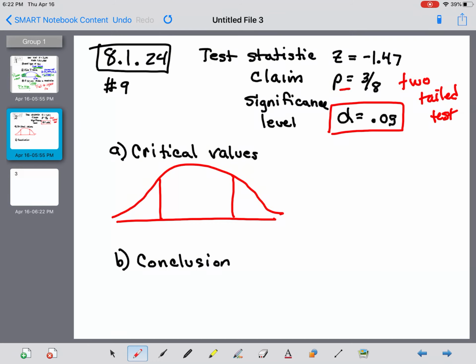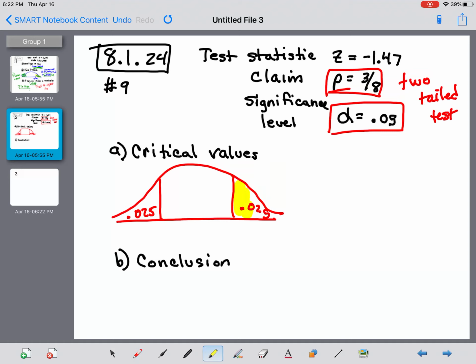Anytime we have an equation in the claim, it's two-tailed. If it was less than, it'd be one-tailed. If it was greater than, it'd be one-tailed. Since it's equal to, it's two-tailed. The areas in these two regions have to add up to 0.05, so they both have to be 0.025.